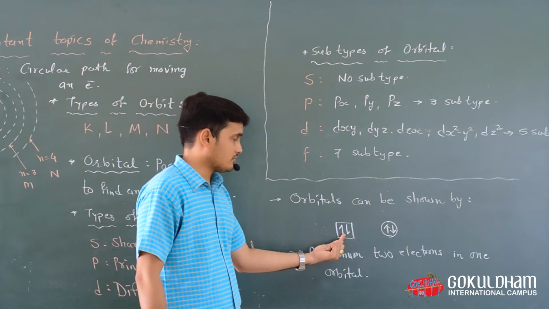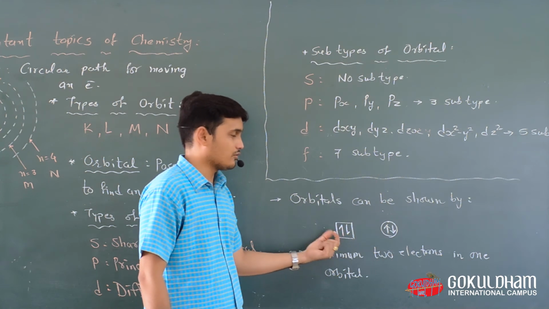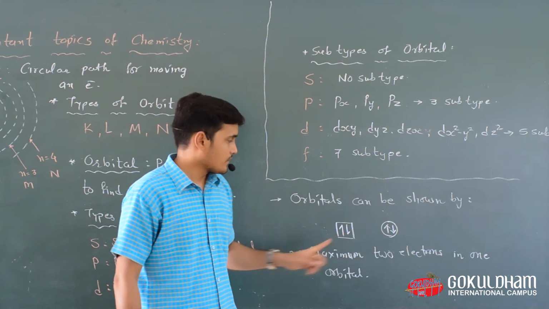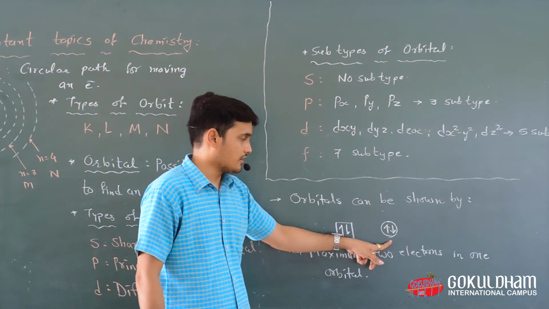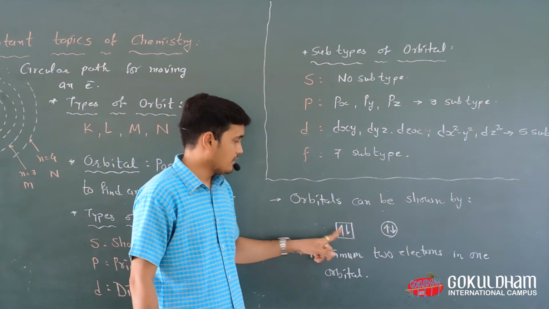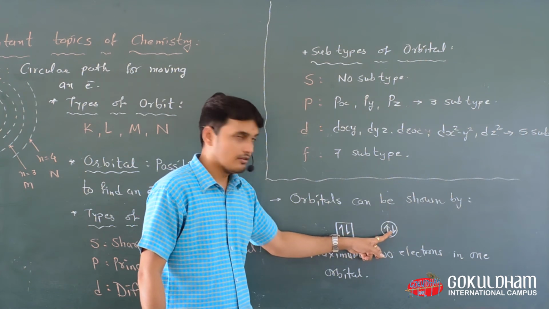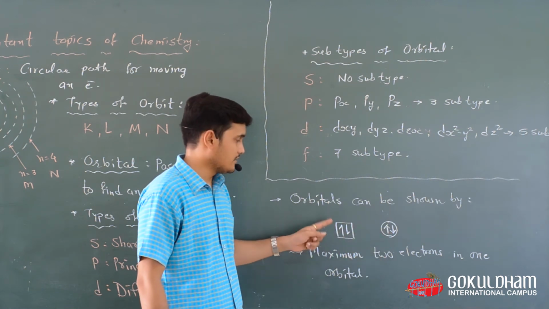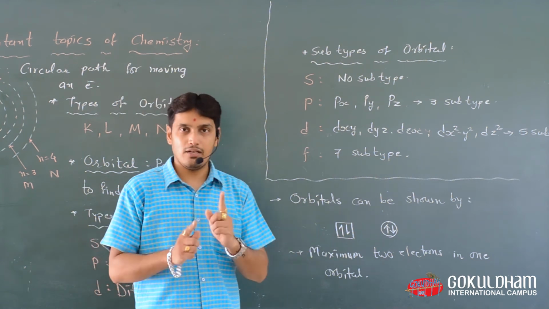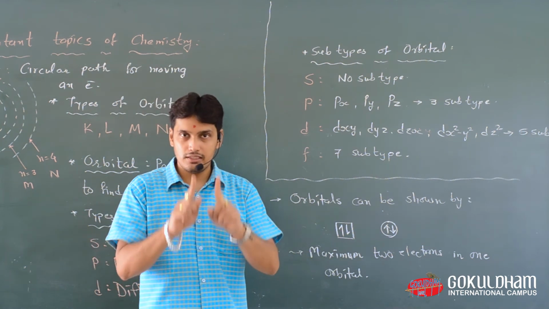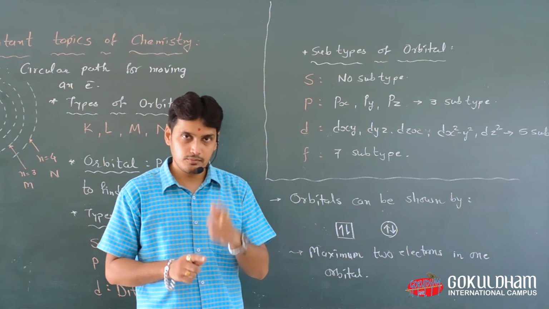You cannot put or fill a third electron in one orbital. You can use both types, the circle as well as the square, half arrow and full arrow, but the condition is both are in opposite directions. You cannot accommodate 2 electrons with the same direction or same spin.